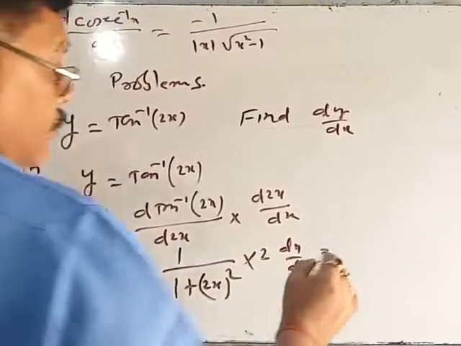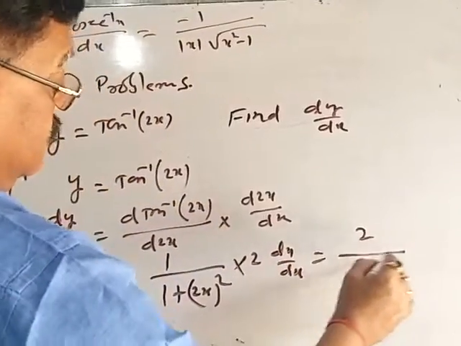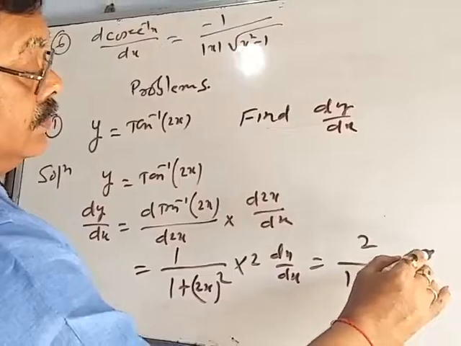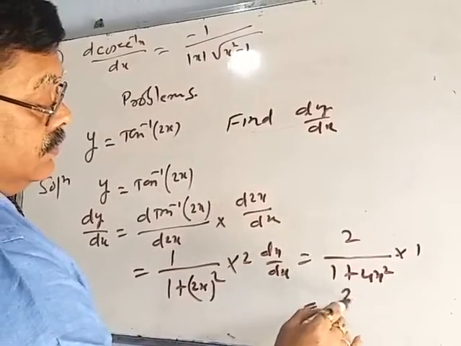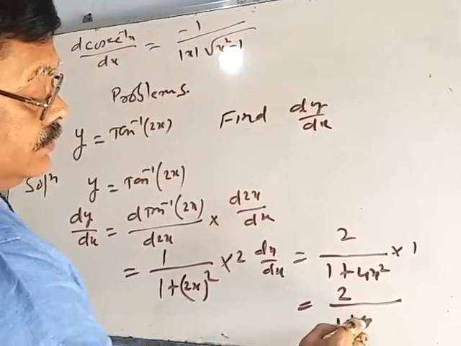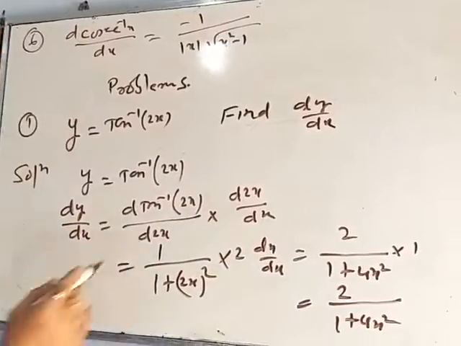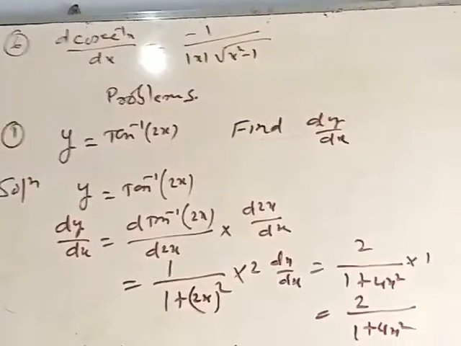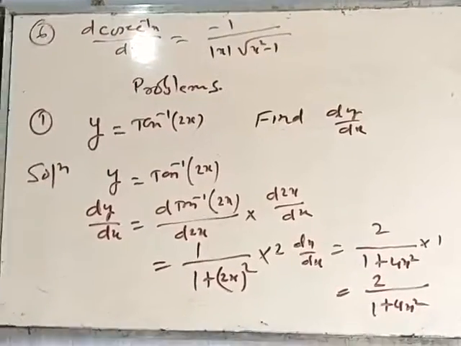So 2 by 1 plus 4x square into 1. This is the derivative of this inverse trigonometric function, students.